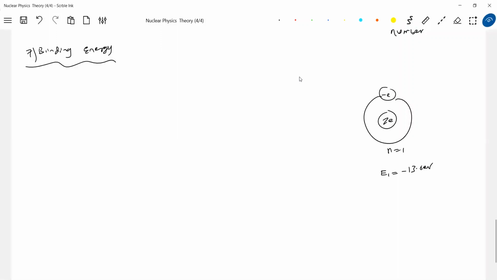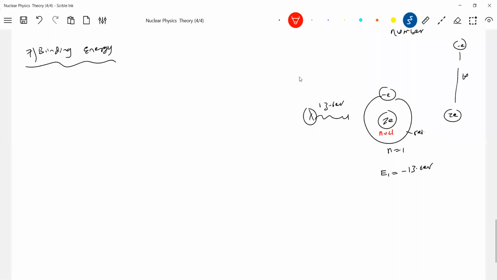If it absorbs a photon of 13.6 electron volt, let's assume that, then what will happen to this electron? It will get separated. So this electron is bound to the hydrogen atom by this much energy, and if you supply energy equal to the binding energy, it will become free from the nucleus.